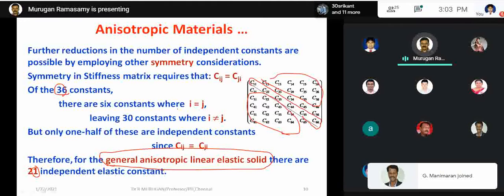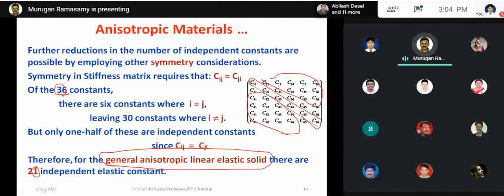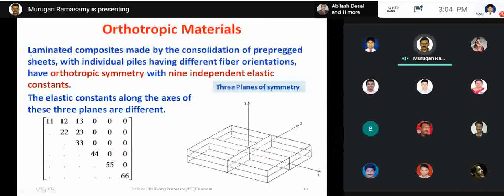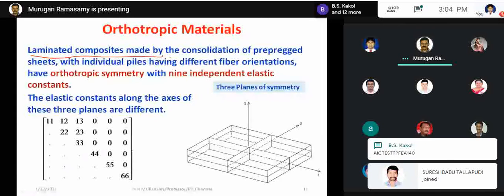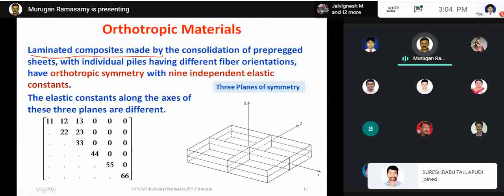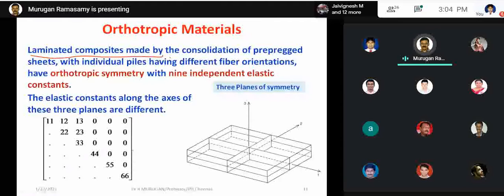One more assumption is also made for a composite material. Composite materials are mostly made of laminated composites, so we fabricate the composite using different numbers of layers. In that case, this laminated composite can be considered orthotropic in nature, so it has orthotropic symmetry.